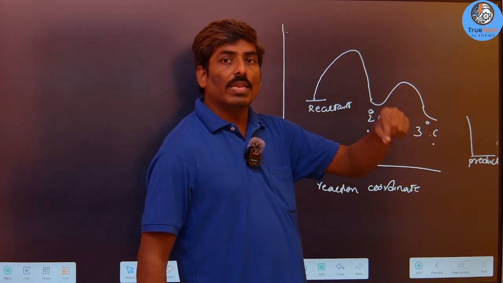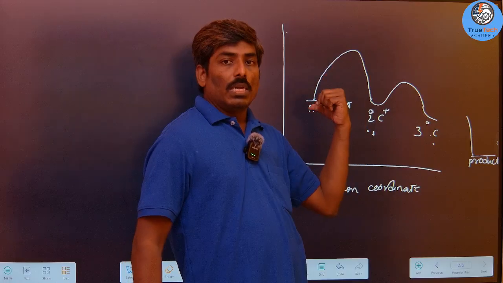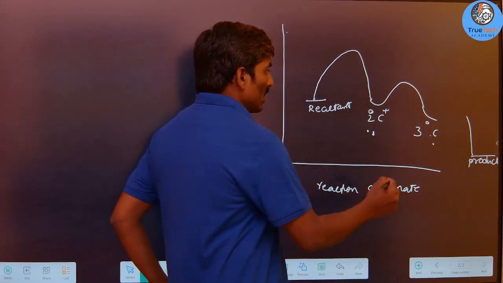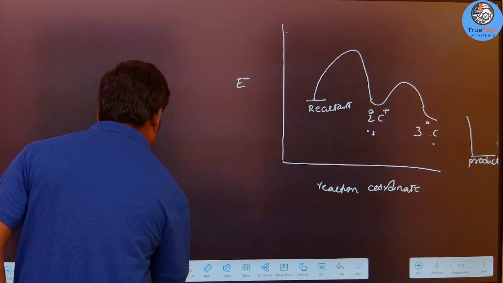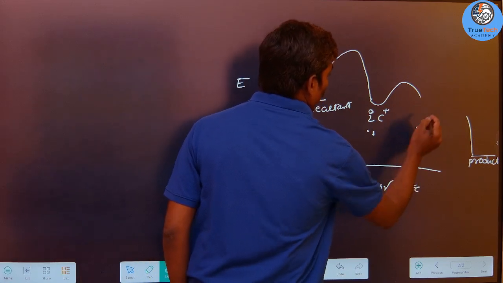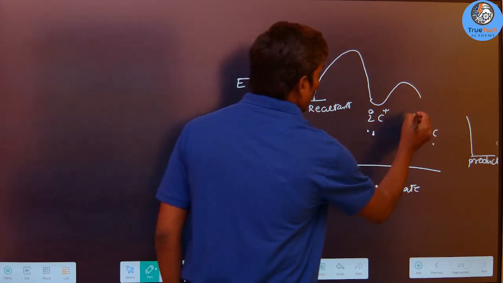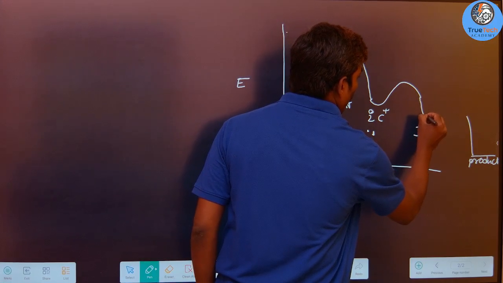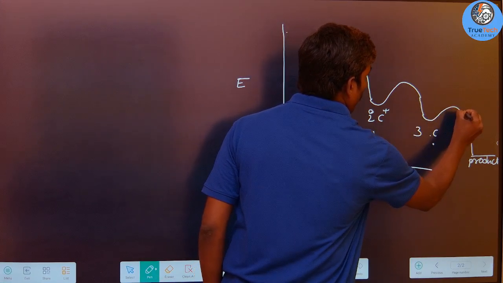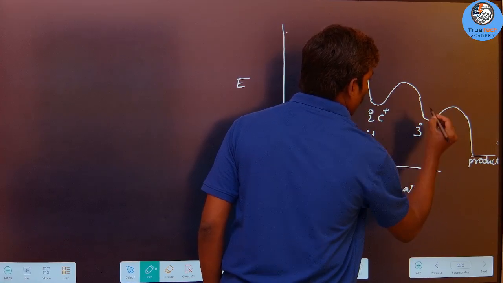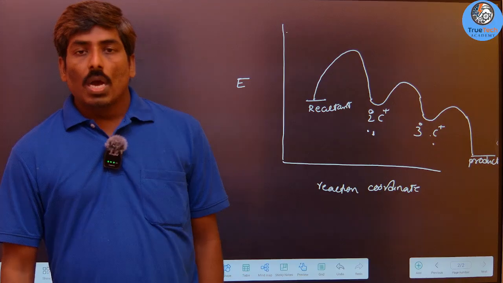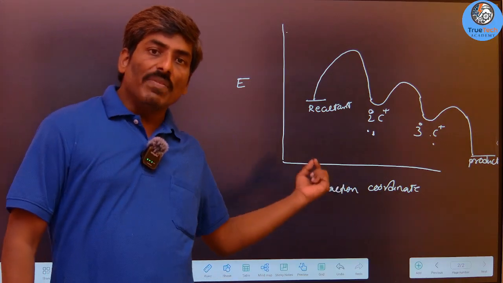Because carbocation rearrangement is possible here, the graph appears like this. So this is about the energy diagram of the previous example.